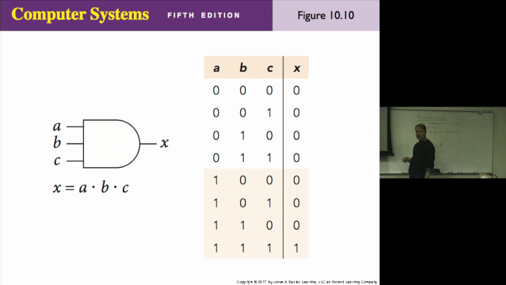But out of curiosity, the truth table would be true only when A is true, only when B is true, and only when C is true.